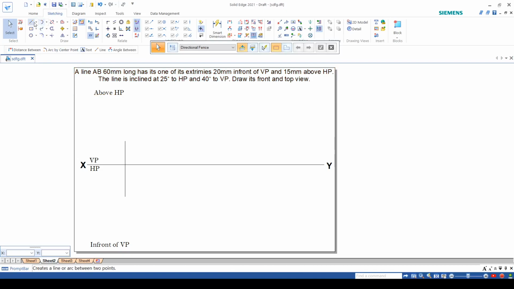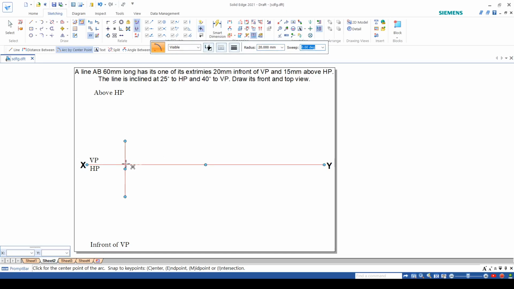So how I have said, mark the distance from this side and this side. With this side, in front of VP, the radius should be 20 mm.